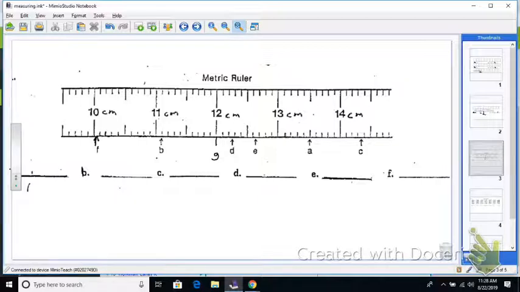All right? So D is 12 point, I'm saying it's a little bit past the halfway point, so I'm going to say 12.26. E, I'm not going to say quite the halfway point, so I'm going to say 12.63. Okay? F, I'm going to say halfway point, 10.05.